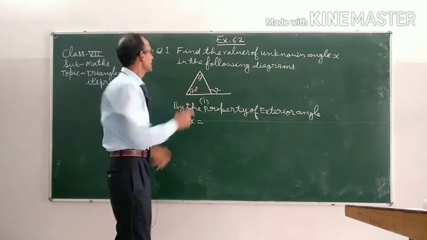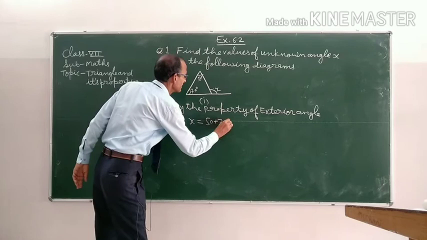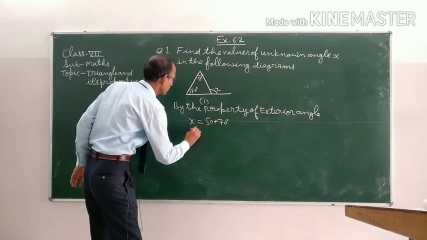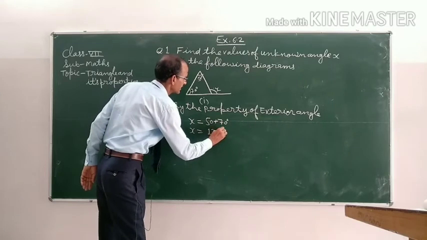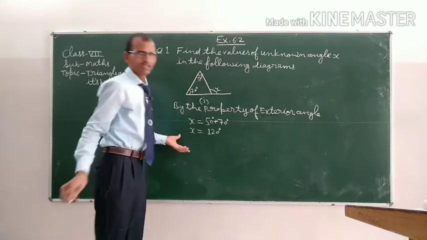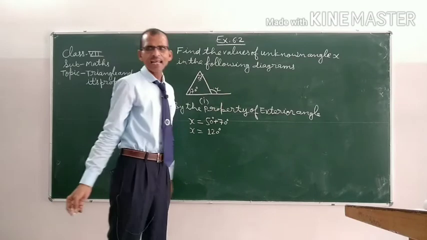These are the interior opposite angles, 50 plus 70. So x is equal to 50 plus 70, 120 degree. Okay, this way we can find the value of exterior angle x.